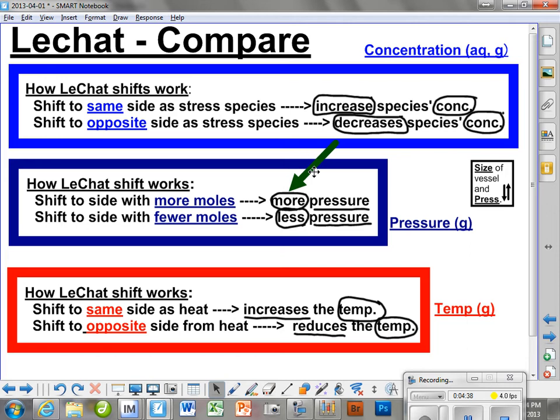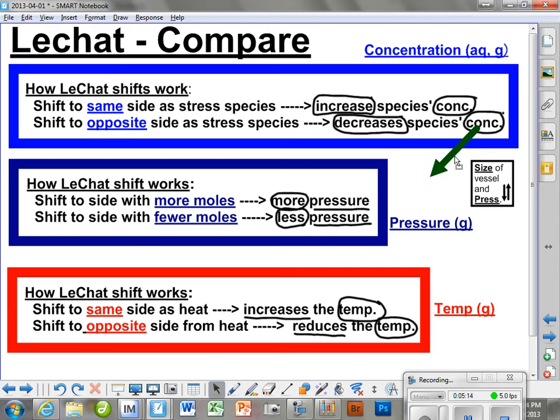So when we want more pressure, how do we stress the system? By increasing or decreasing the size of the vessel. The relationship of the pressure to the size is inverse. A bigger size of the vessel will make a smaller pressure, and a smaller size for a vessel, as we shove the piston down or squeeze the balloon, is going to make more pressure.